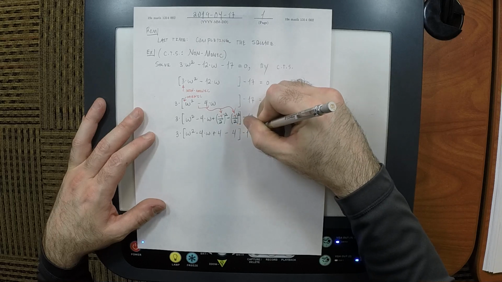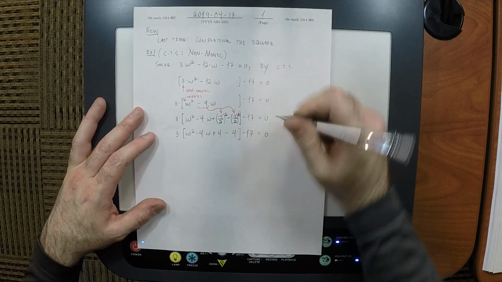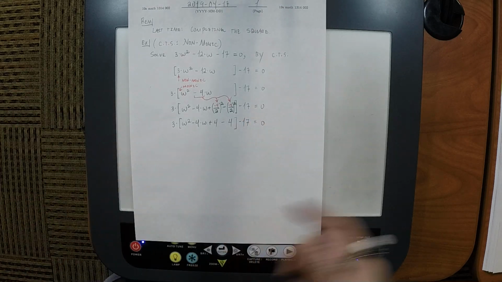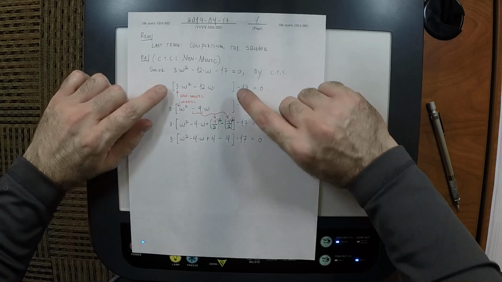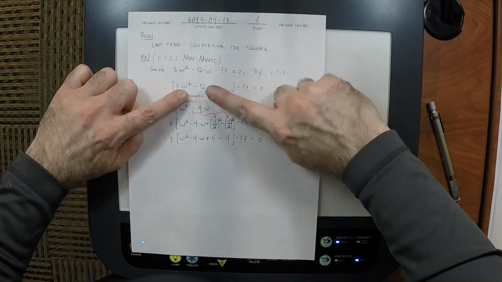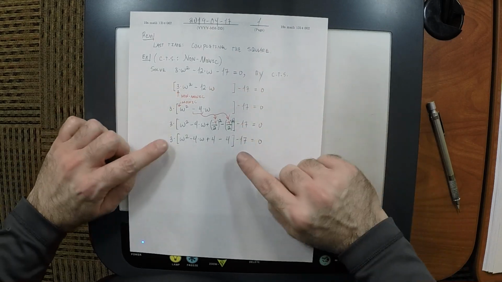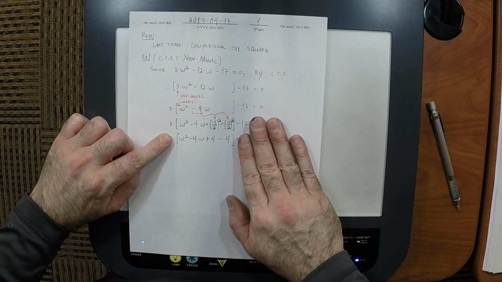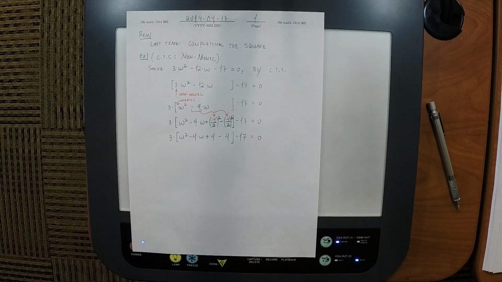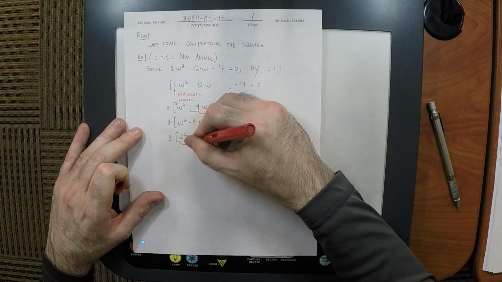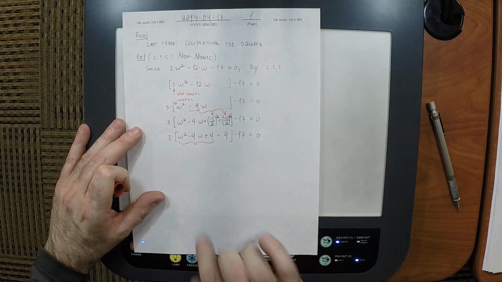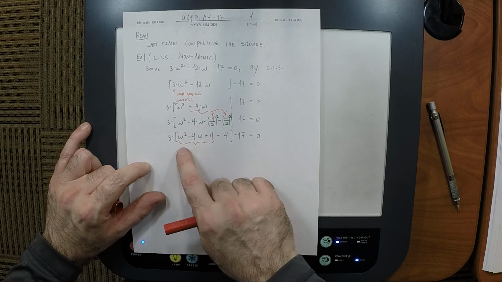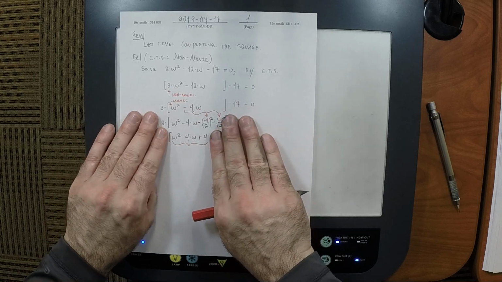Until you get comfortable doing these steps, you might look at this and say, well, that seems weird. We're doing and then undoing it. But the point is that in this group, we started with 2 terms, and now we have 4 terms. And the 2 new terms have been specially selected so that these 3 terms will factor. So how do they factor? So how does just that factor?